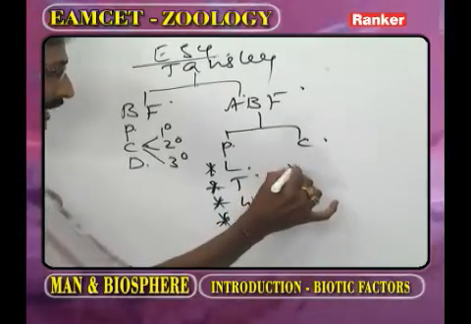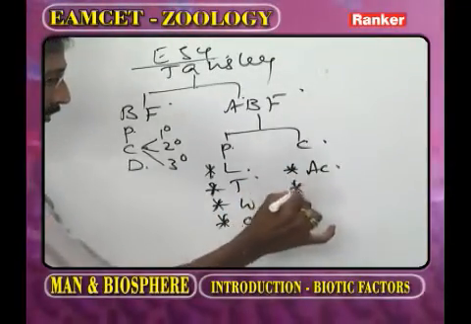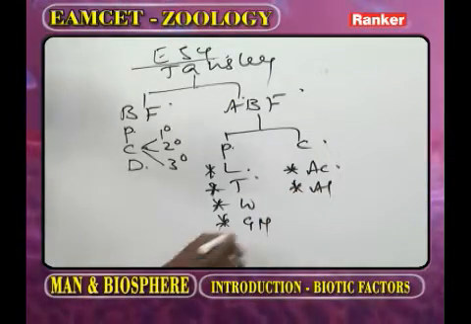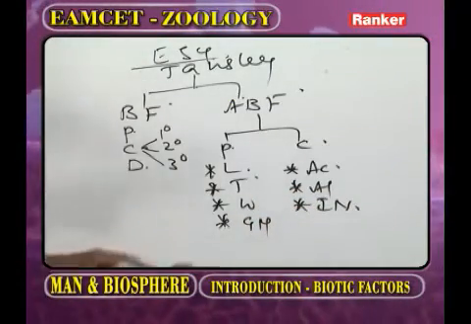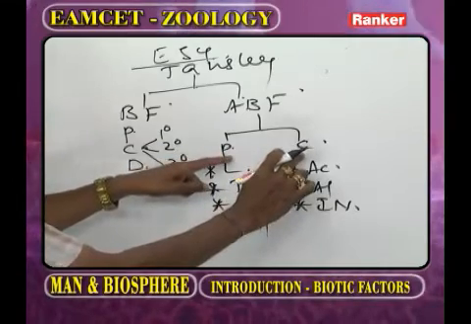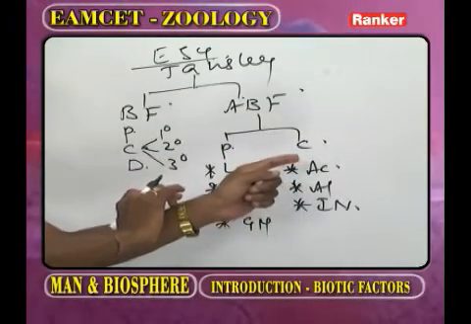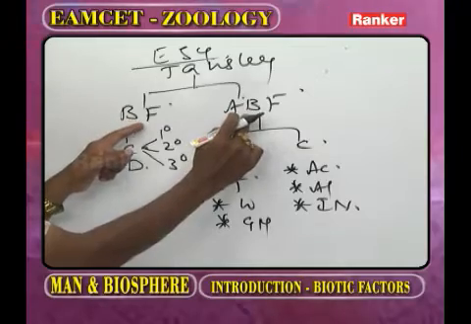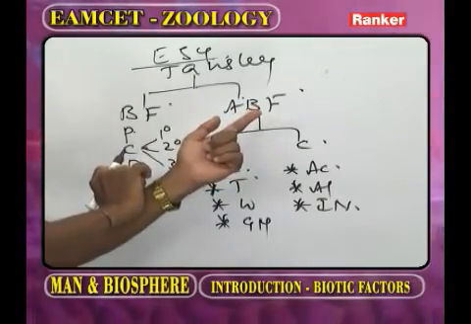What are the chemical abiotic factors? One is acidity, the second alkalinity, and the third inorganic nutrients. As we observe the physical and chemical abiotic factors, there is an inseparable association. As we observe the biotic and abiotic, again there is an inseparable association.